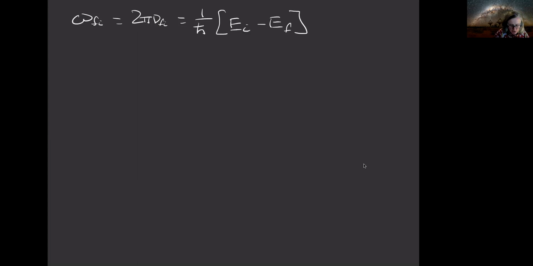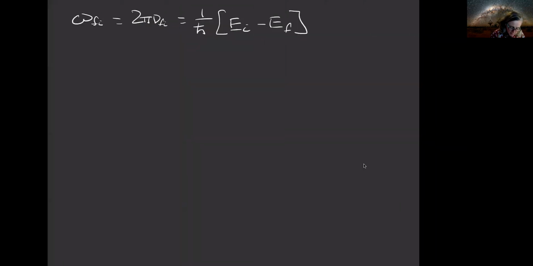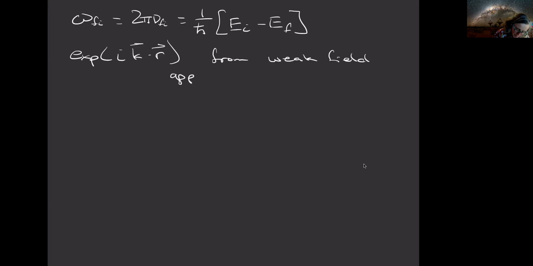Now the exponential term that we saw on this last slide, so this term that's here, comes about from making a dipole assumption. So what we do is the exp(i k dot r) comes from the weak field approximation of the vector potential A(r, t).